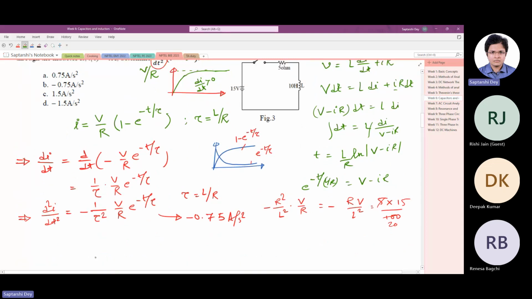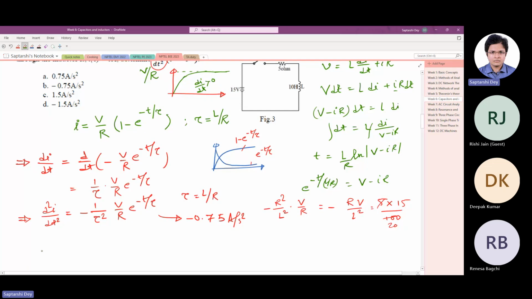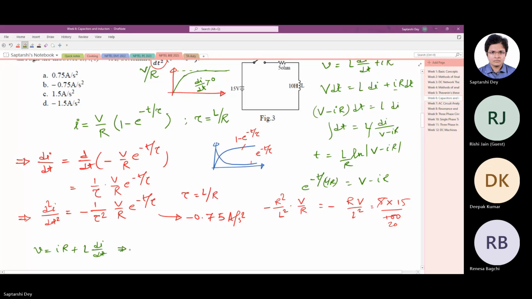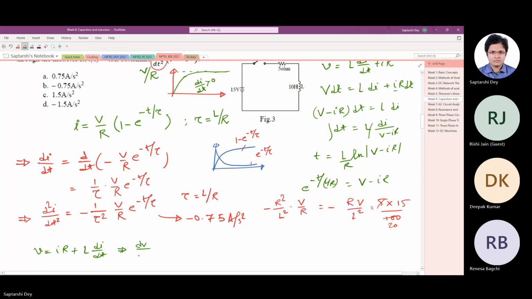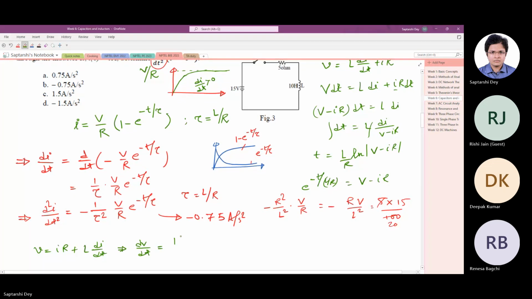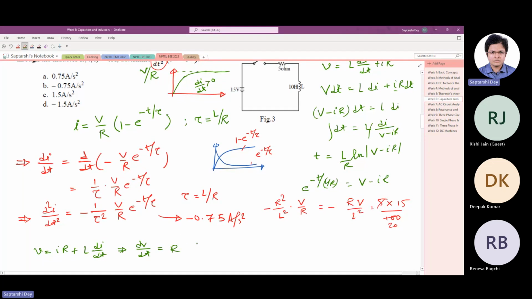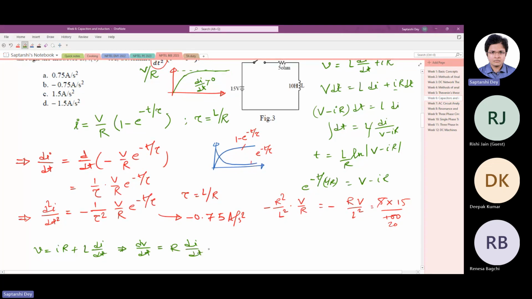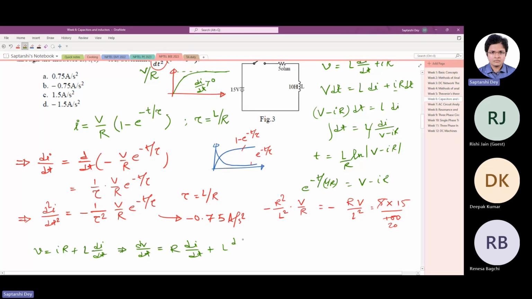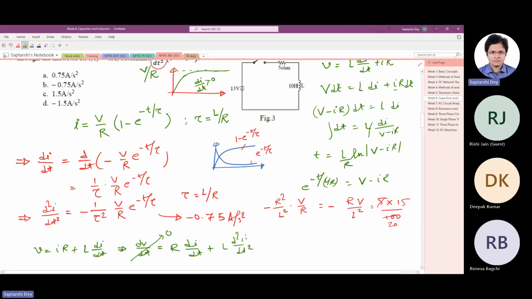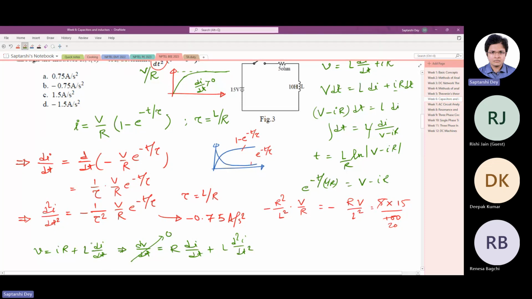This equation I wrote, you can do it in this way also. Say if you write V equals IR plus L di dt. Now if you differentiate, you get R di dt plus L d2i dt2. Now definitely this is 0 because it's a constant voltage, and di dt you can replace from this equation.